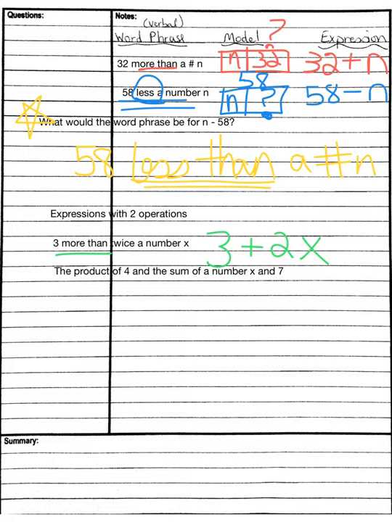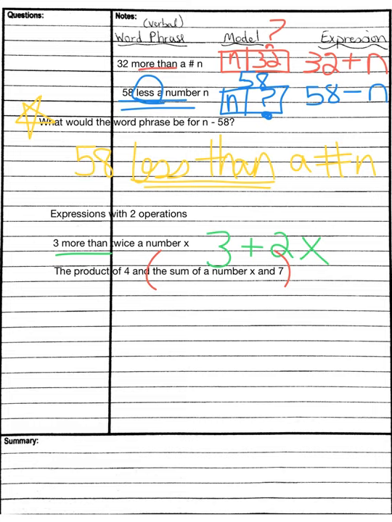And so here, they are actually asking for us to put in a set of brackets. The sum of a number x and 7, right there is where we want our brackets. Because we want to know what that sum is and then multiply it. We have to use the correct order of operations here.